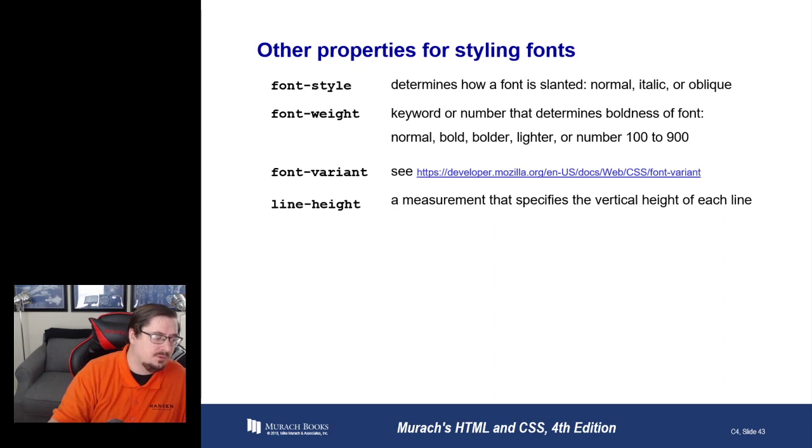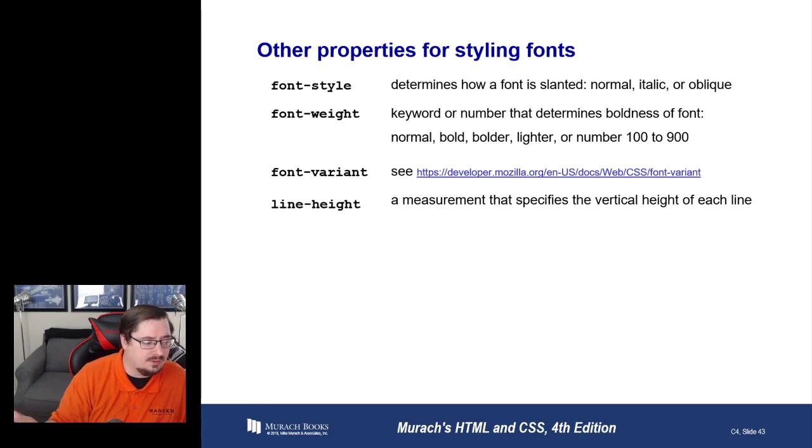So 100, 200, 300, etc. And if I remember right, per the textbook, 400 is your normal, and 700 is your typical bold. So if you use the word normal, you're setting the font weight to 400, and if you're setting it to bold, you're typically setting it to 700.